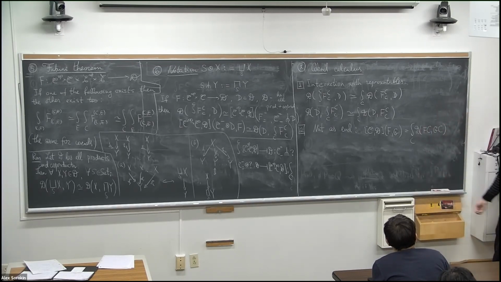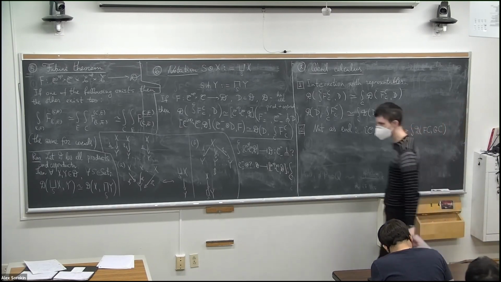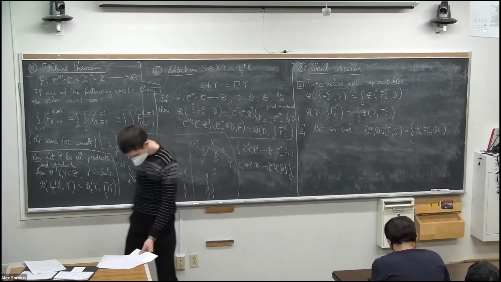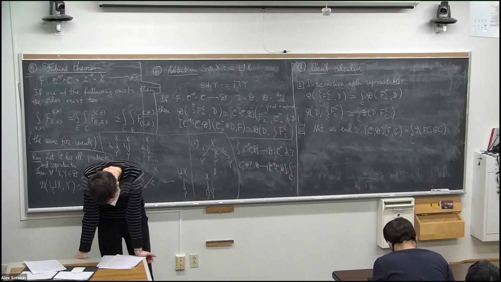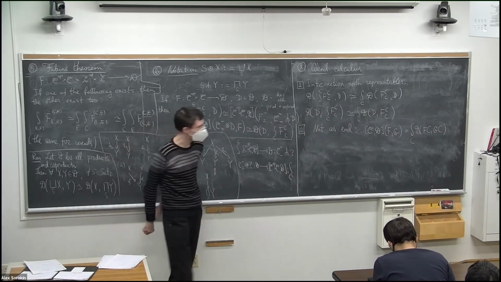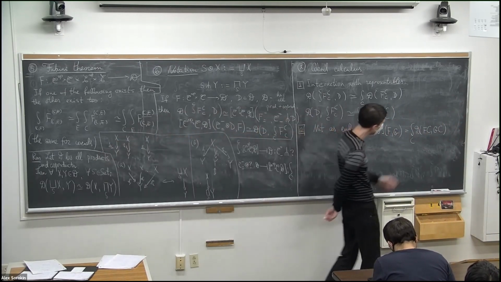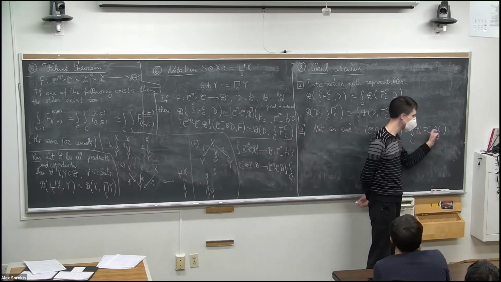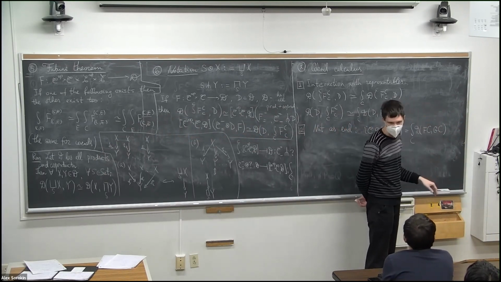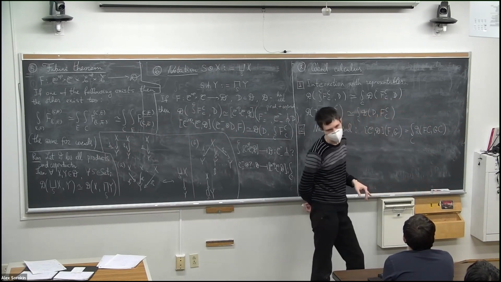Isn't it beautiful? Before, when we were talking about natural transformations, we were looking for maps from FC to GC such that they make many squares commute.